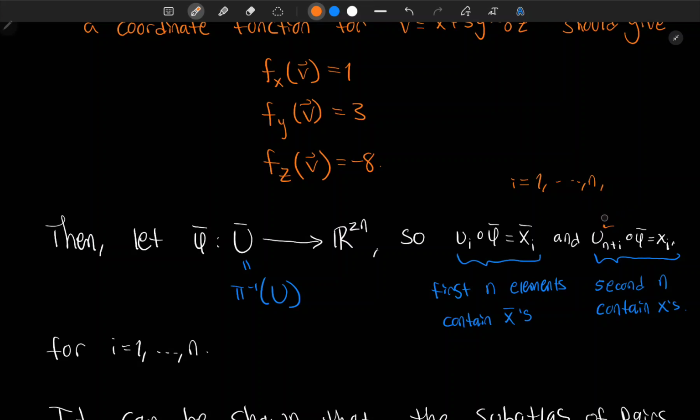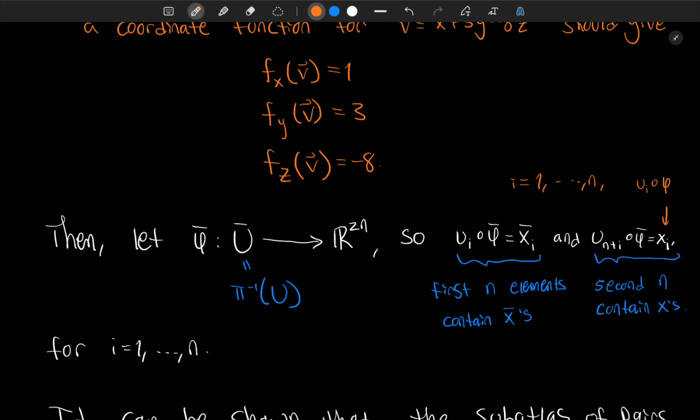And when we compose these second n components with phi hat, we get ai, which were the original coordinates that we had defined. So recall xi is equal to ui composed with phi. So these were the first n coordinates that we had defined above.